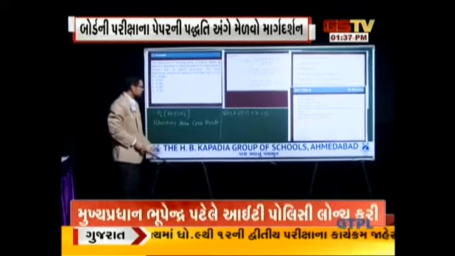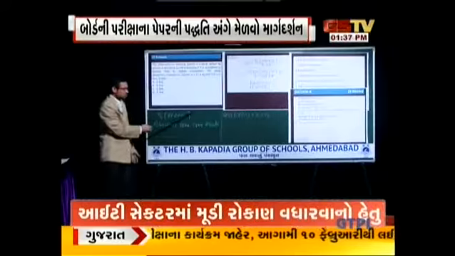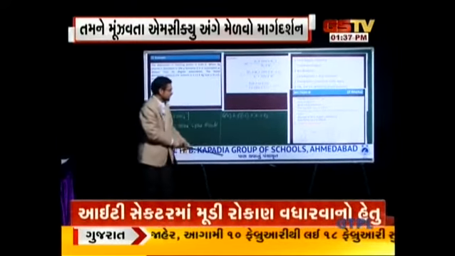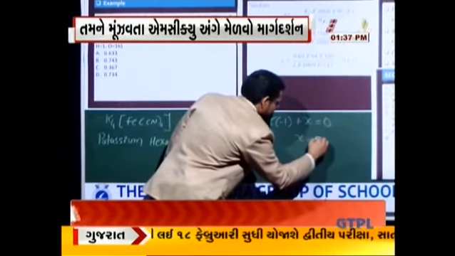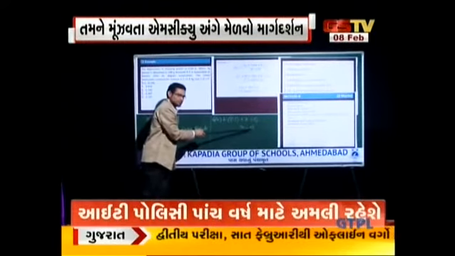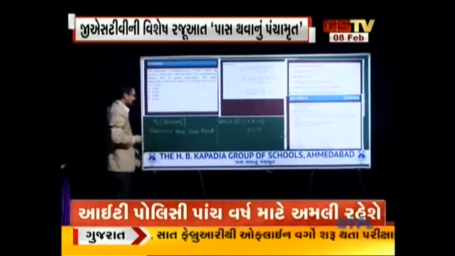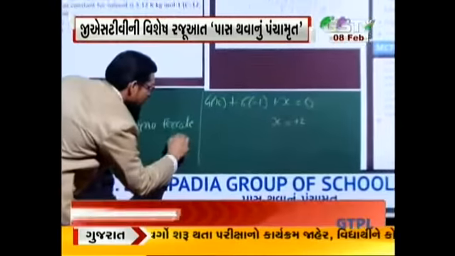The total charge on this compound is 0, there is no charge on the compound, so we put 0. After finding X, we will get +2. This is the Fe oxidation number, and we will write it as a Roman number.